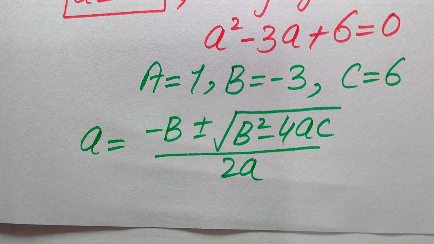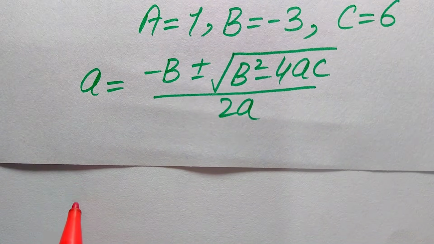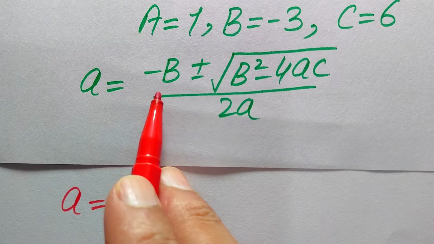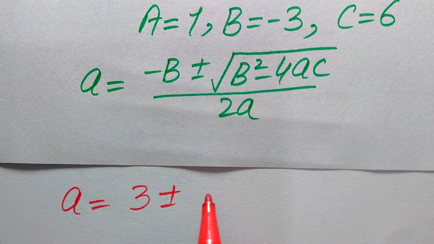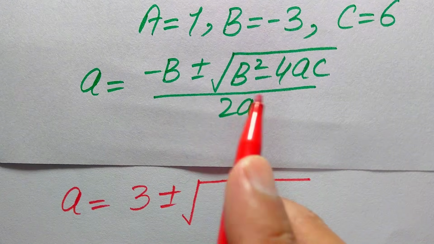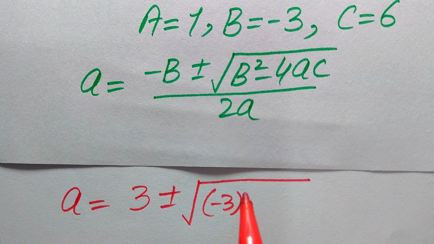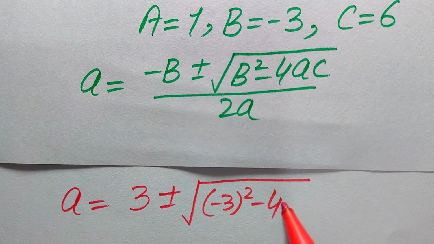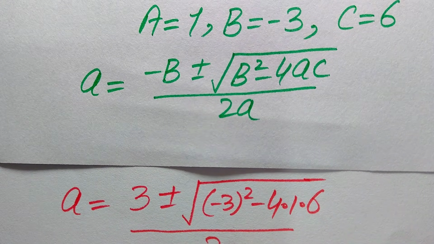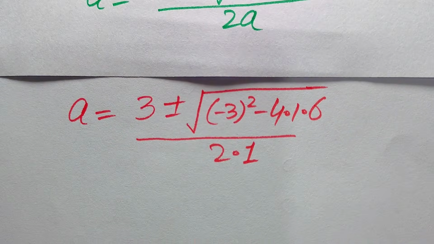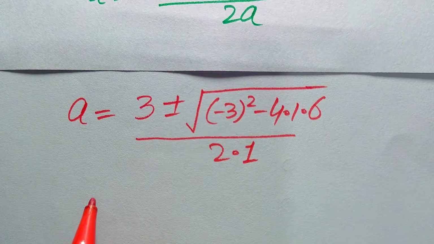Here we substitute all the values of a, b, and c, and we get the other two roots. So a equals minus b, and minus times minus becomes plus 3, plus minus square root of b squared, b is minus 3 squared, minus 4 times a is 1 and c is 6, divided by 2 times a, and here a equals 1.